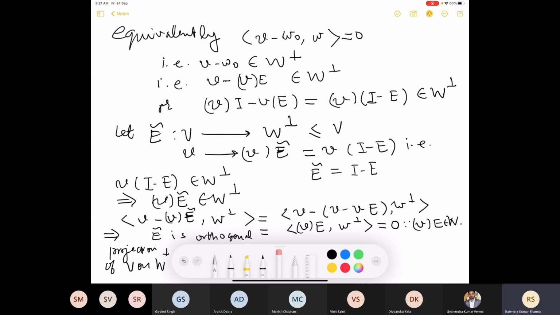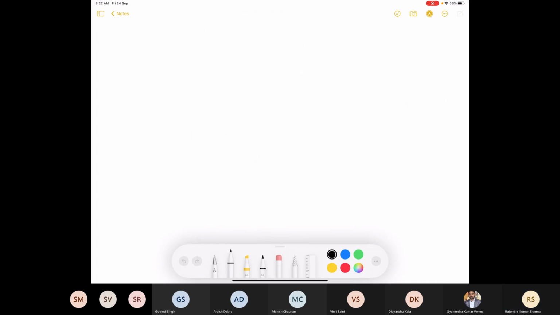You can also prove this alternatively if you want. What is VE tilde? VE tilde is V minus VE.